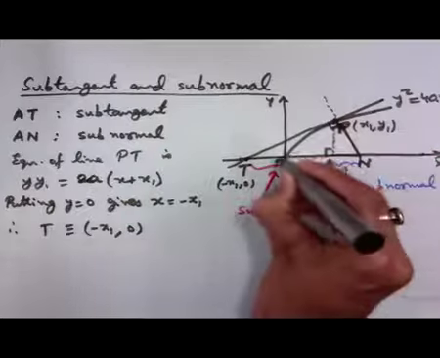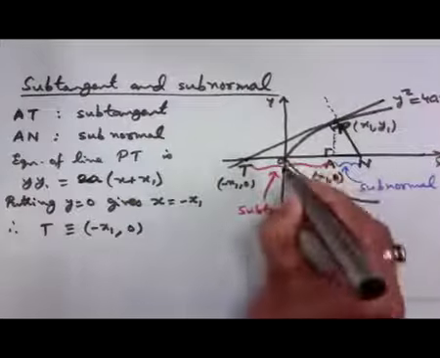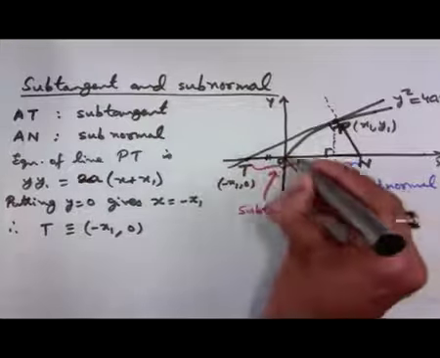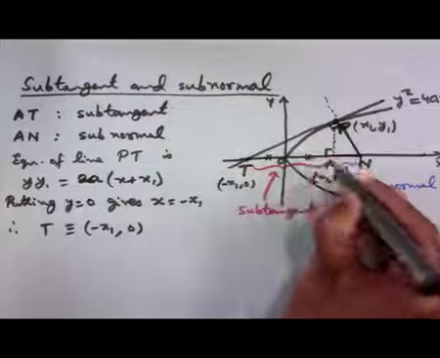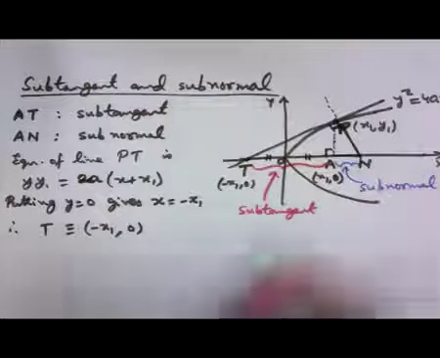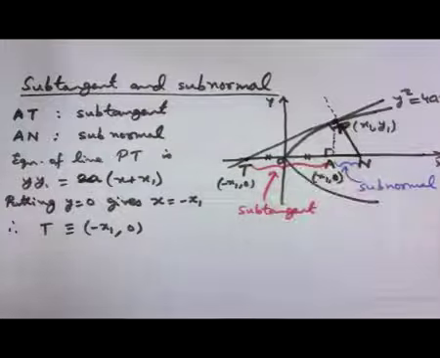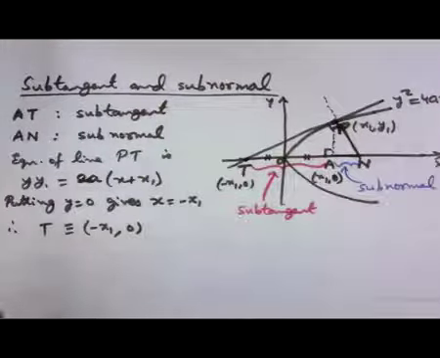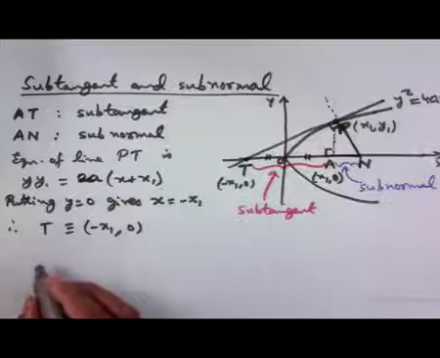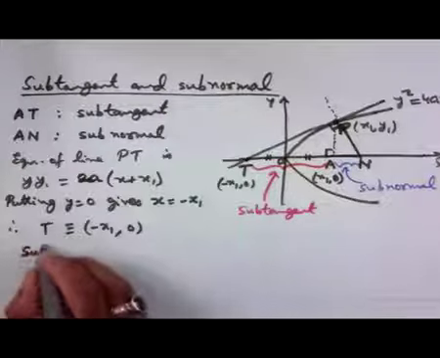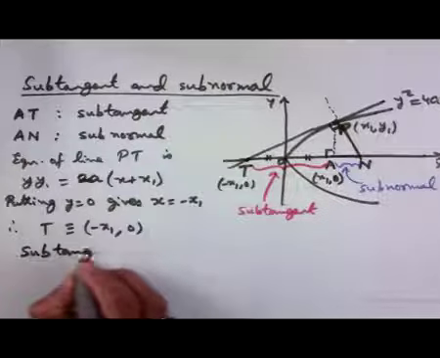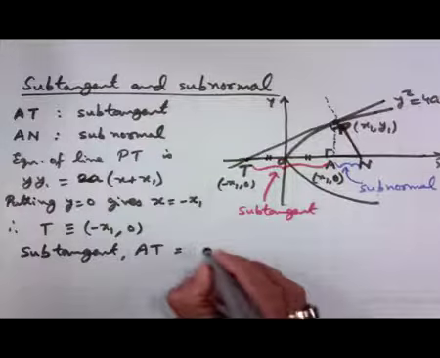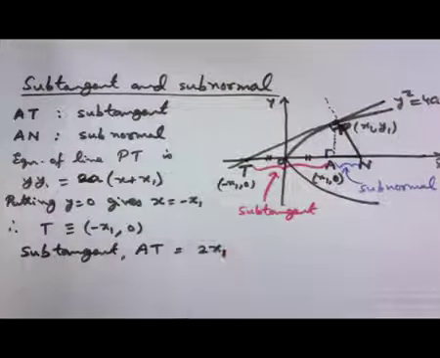So, this vertex is equidistant from T and A. So, subtangent A T is equal to 2 times x 1.